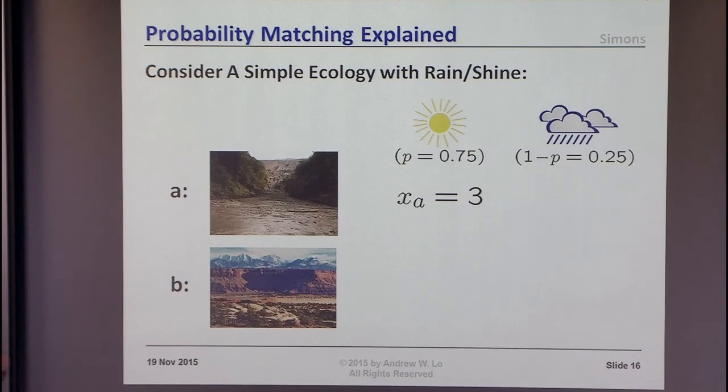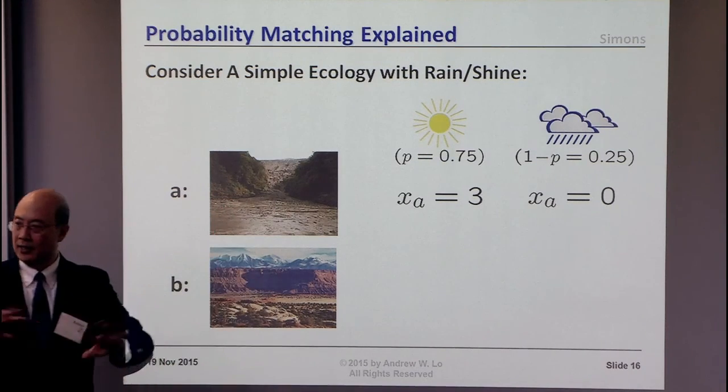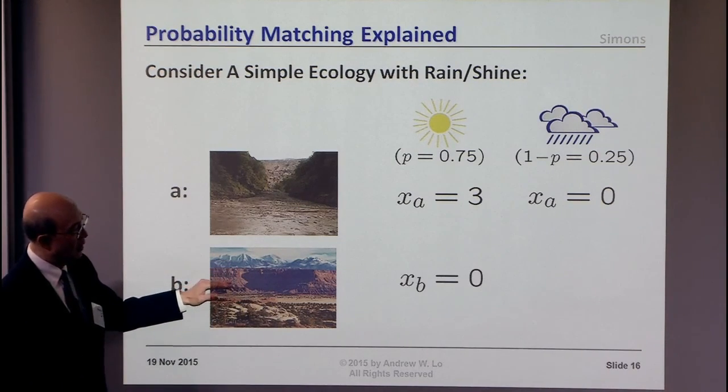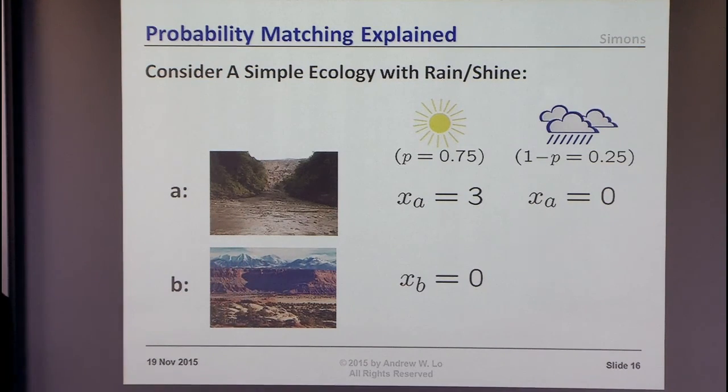On the other hand, if it rains and you build your nest in the valley, that's bad news. You're going to be extinct, because the river floods, drowning your offspring. It's exactly the opposite if you build your nest on top of a plateau. When the sun is out, your offspring will burn to death. There's no water on the plateau. It'll all evaporate, so they'll either die of thirst or exposure.